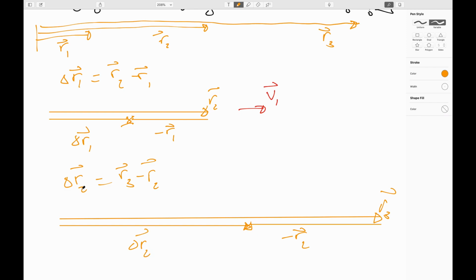That's longer than my original delta R1. Looks like maybe double. So in that case, my velocity will have to point twice as long in the same direction.